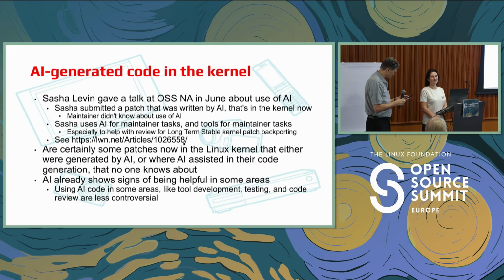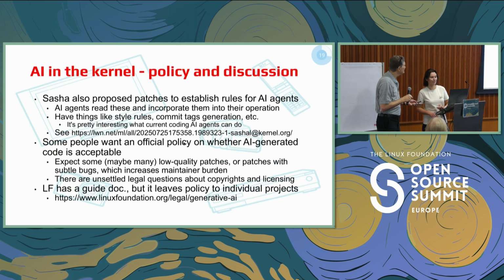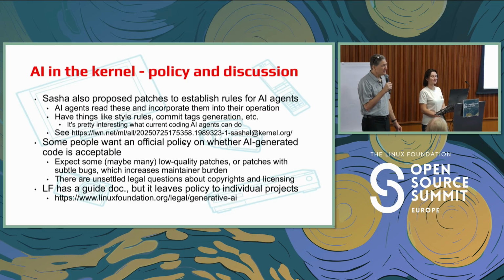Okay, so that raised some discussions on the mailing list. Another thing Sasha did, he's kind of the main AI proponent upstream these days. He also sent some patches to the kernel mailing list, which provide context for AI agents. And it's pretty amazing.